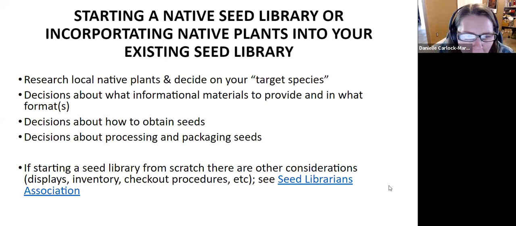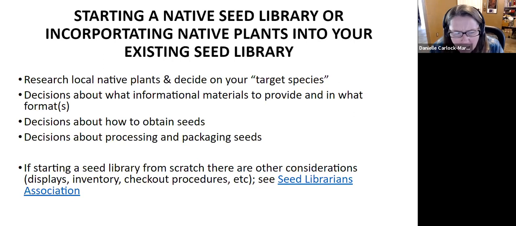So now I'm going to talk about how you might do something like this in your library. I'll talk about each of these pieces: how you can go about researching local native plants and deciding on your targets, questions and decisions about your informational materials, how you could go about obtaining seed, and packaging and processing.